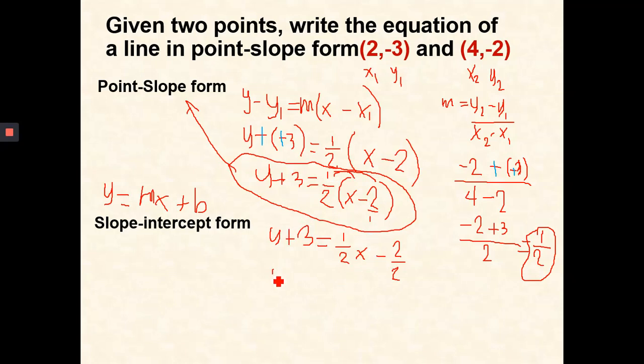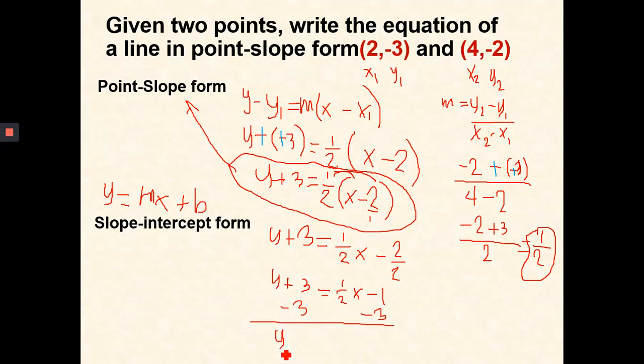So you now have y plus 3 is equal to 1/2 x minus, what is 2 divided by 2? That is 1. So we need to get the opposite of positive 3, and that is negative 3. So you have to write negative 3 on both sides of the equation.